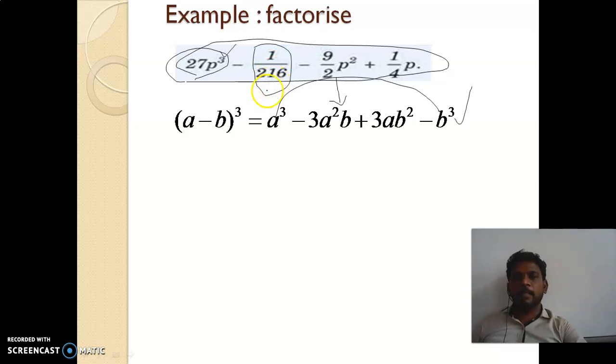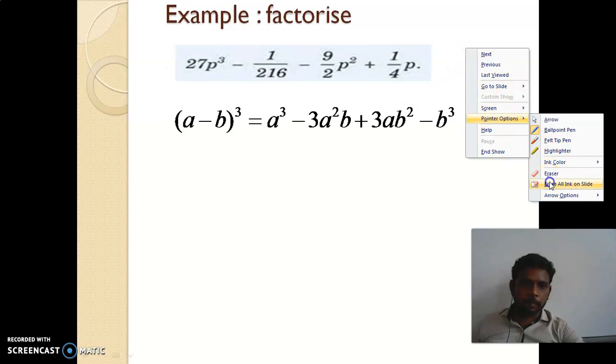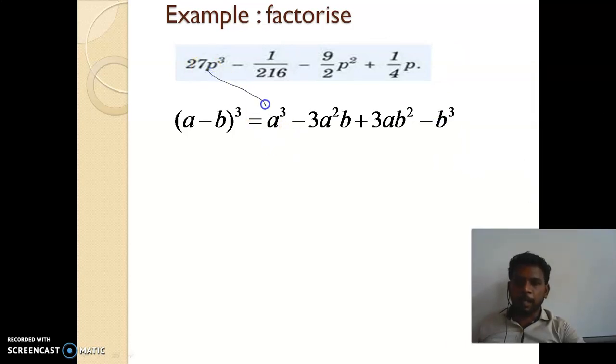We can write 216 as a number to the power of 3, but these two numbers are not possible. So this one corresponds to a cube and this one corresponds to b cube, and the remaining two terms are for these two terms. Right, so how can you find a now?